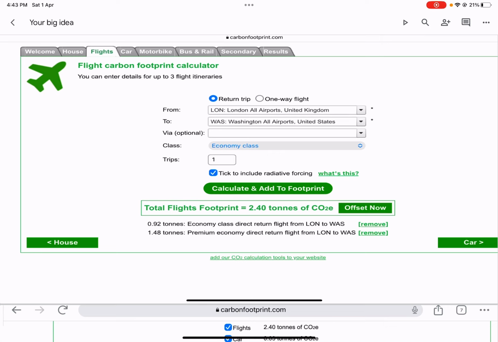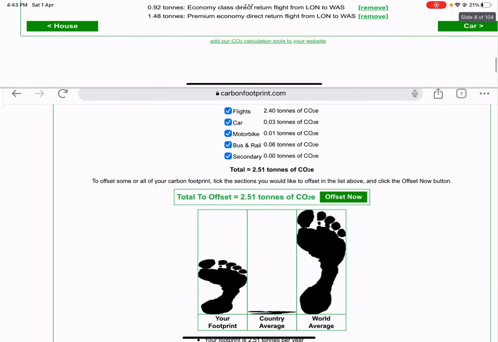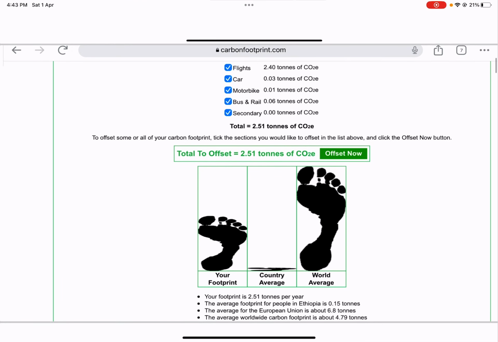In a similar way, you can design similar questions in your user interface. And finally, you can give the summarized information in your calculator like this, where the totaling is done, and finally an individual gets to see how much is his carbon footprint because of his lifestyle, because of his home, because of his travel modes, and so on.